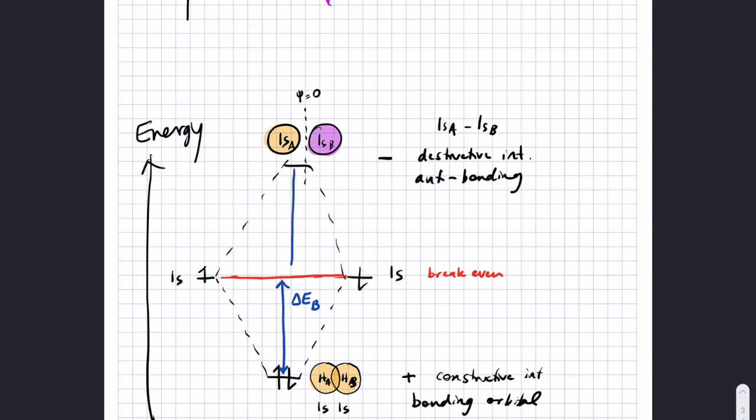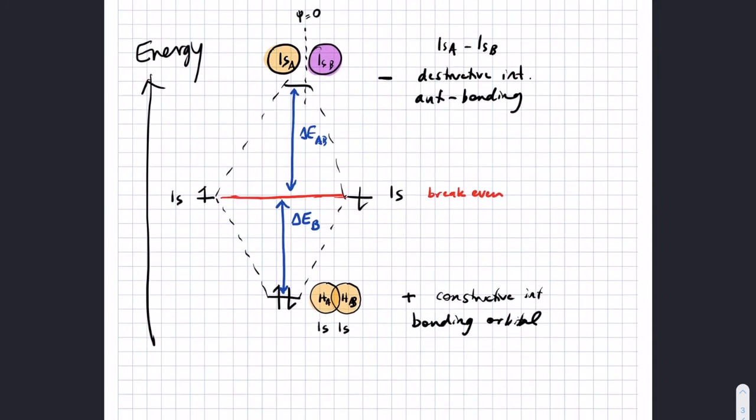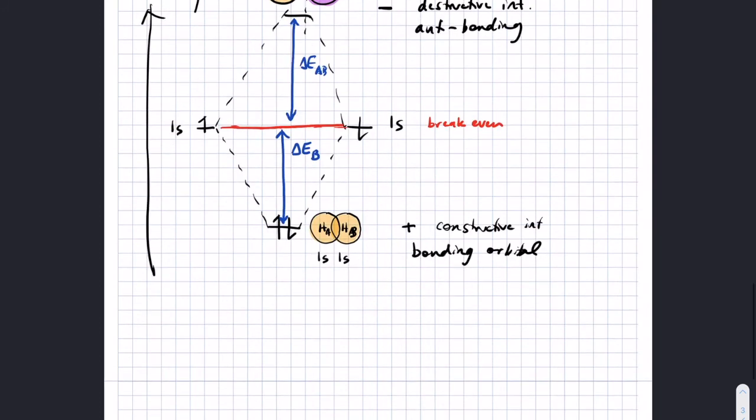And then if we measure this distance for the antibonding orbital, delta E AB for antibonding, obviously delta E B is going to be negative and delta E AB is going to be positive. But if we just compare their magnitudes, we're going to see that the antibonding orbital is higher in energy relative to the break-even point than the bonding orbital is lower in energy, right?